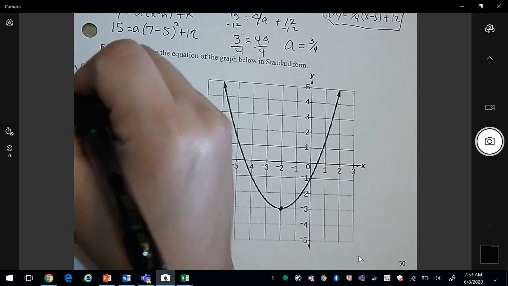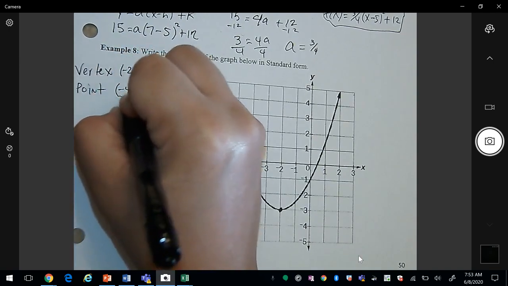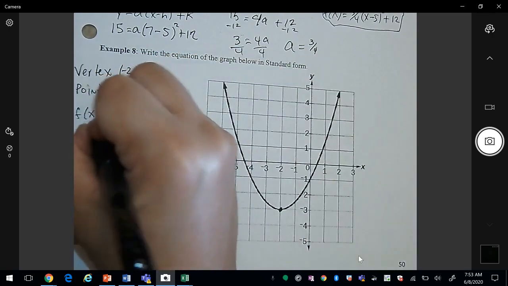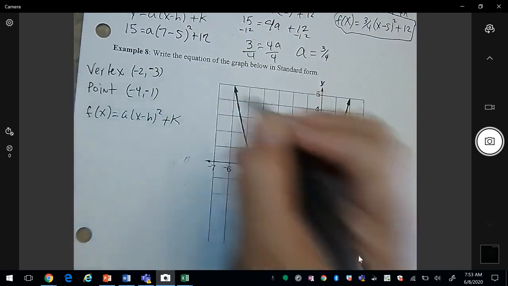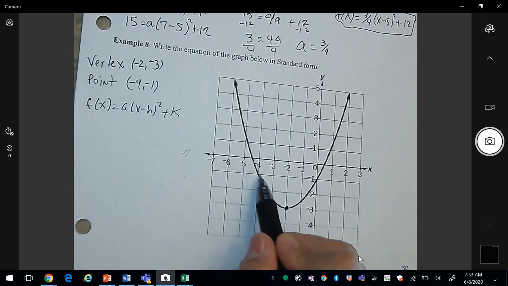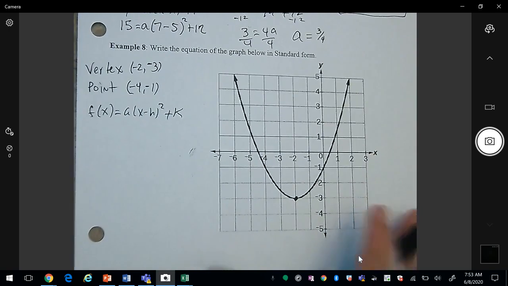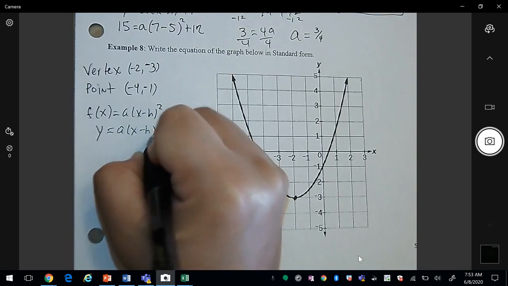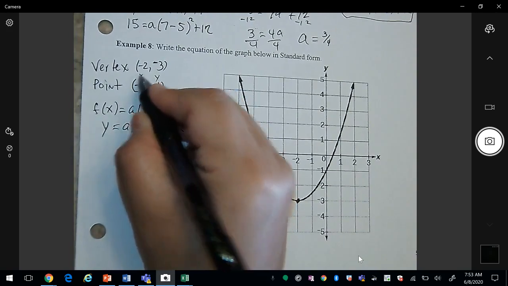So I guess I'll pick this point here, -4 and -1. You want to make sure you get a point that you can easily see the coordinates for. So y is -1 and x is -4.